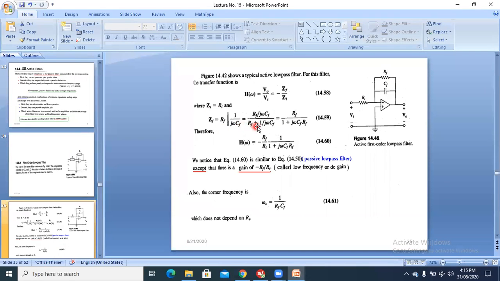So this in fact is the simplification of this circuit, and after simplification, we will get minus Rf by Ri and 1 plus J omega Rc.